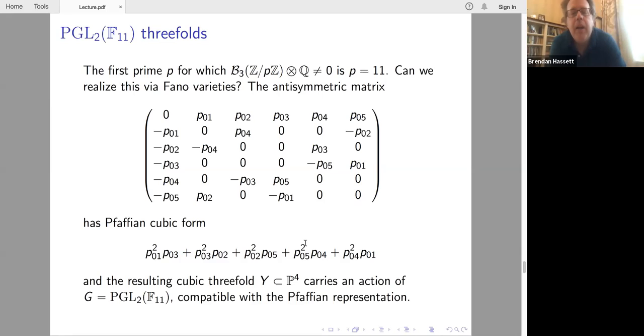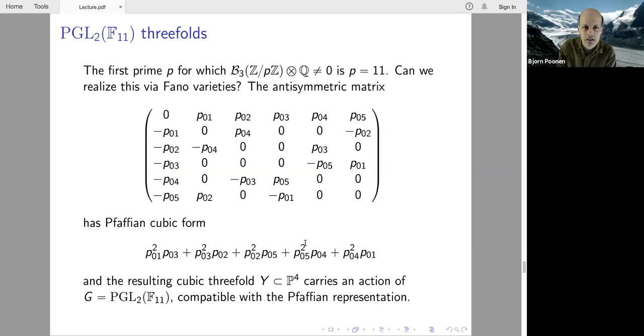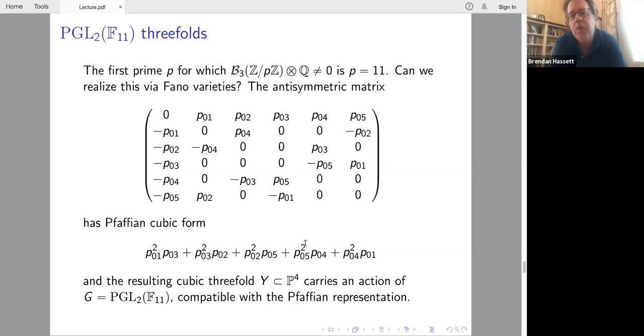So this cubic threefold is a moduli space of abelian surfaces with certain level 11 structure. And so I think that what you're describing is a natural way to get the modular curve sitting inside that moduli space. Okay.